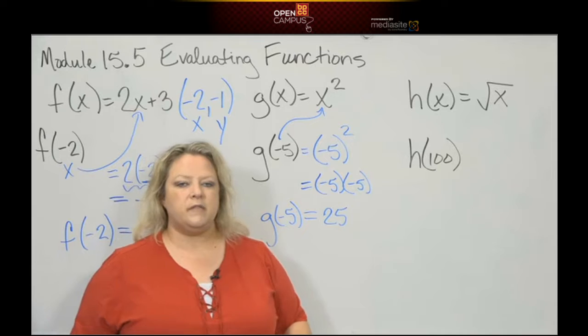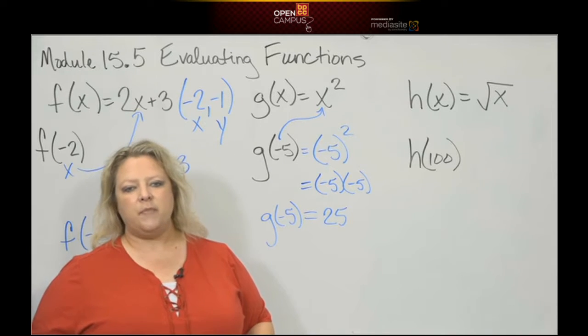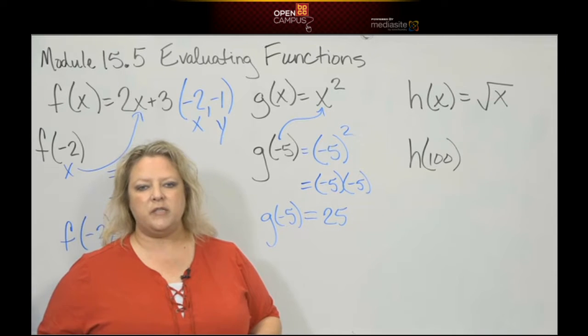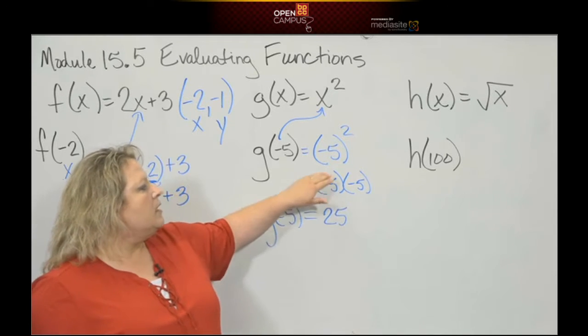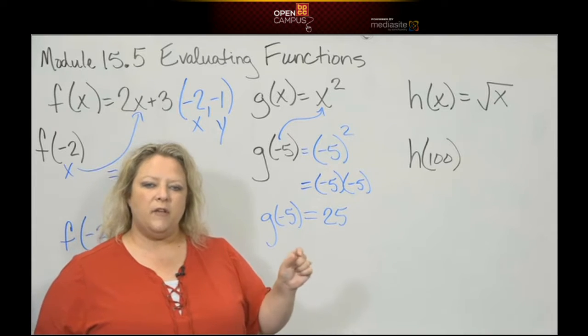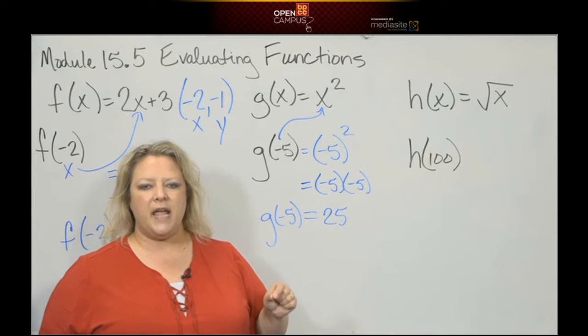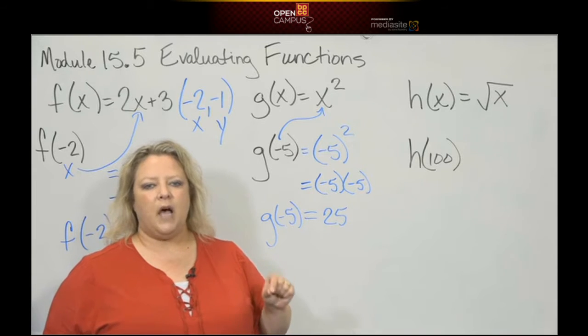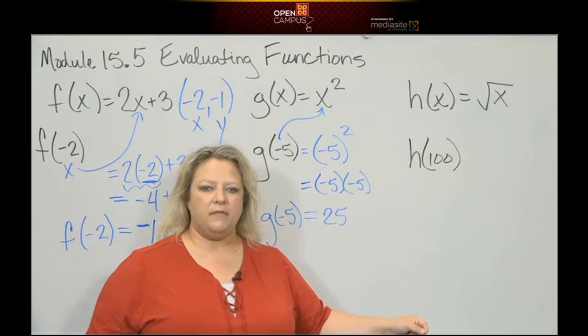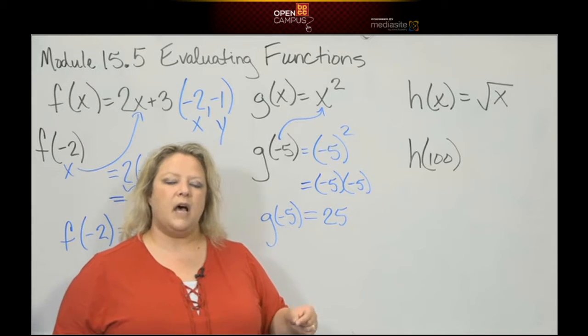Now I want you to be careful of something. If you are punching numbers in a calculator, remember, a calculator is only as smart as the person working it. When you plug in a number in the calculator and that number's negative, if you don't put parentheses around your negative, it will not calculate it as negative 5 times negative 5, okay? The calculator does not understand that.